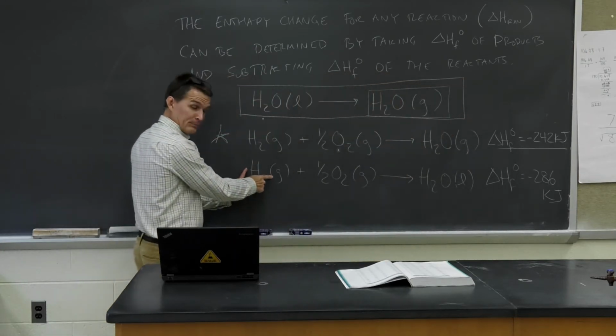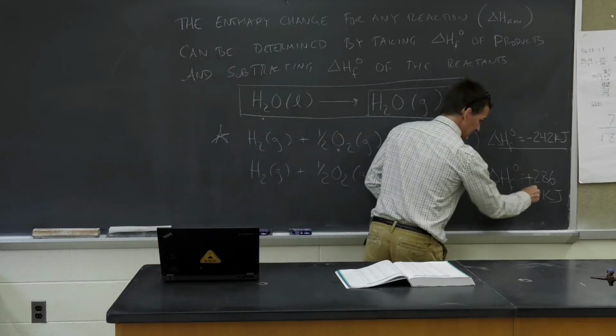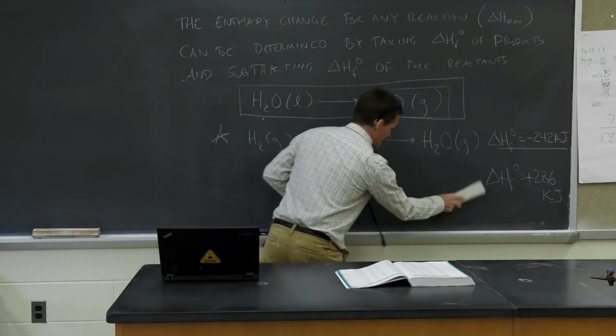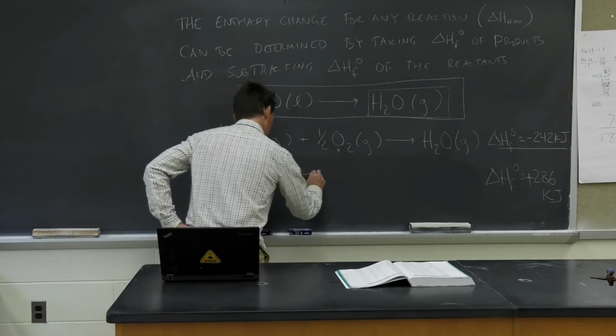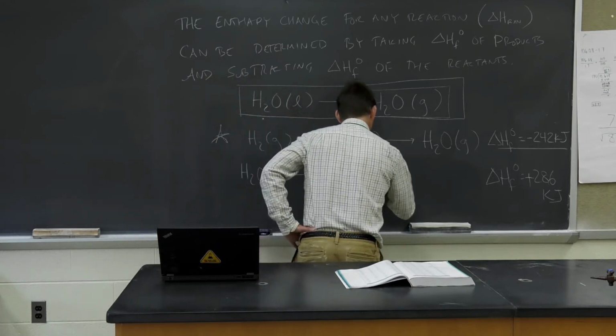So if I flip this, I'm going to need to flip the sign of this, and we'll write this as follows. H2O liquid goes to H2 gas plus half O2 gas.